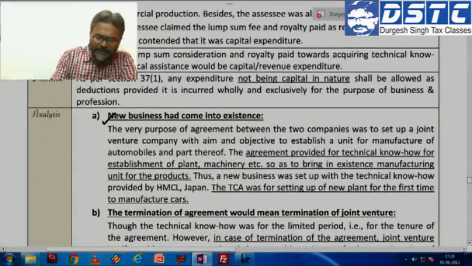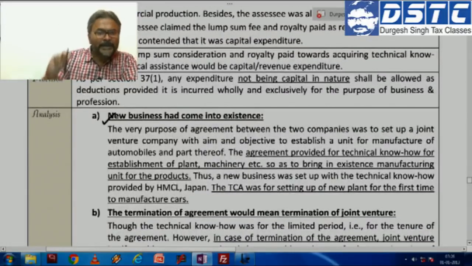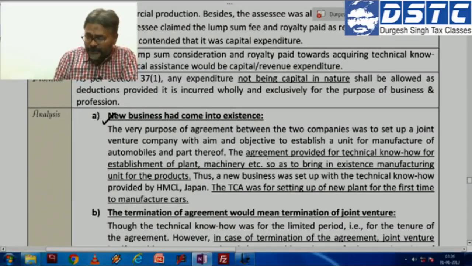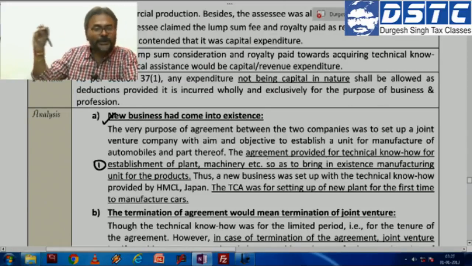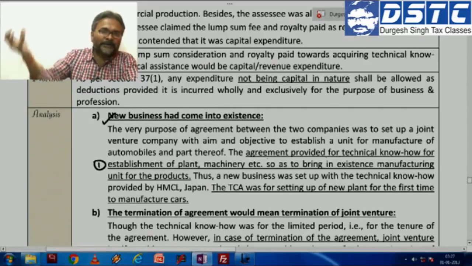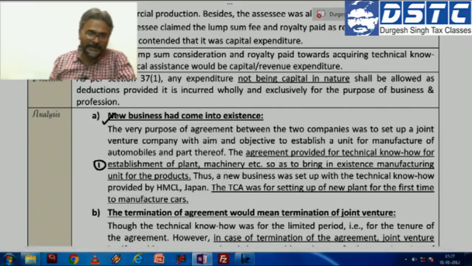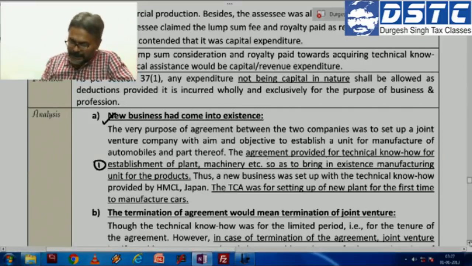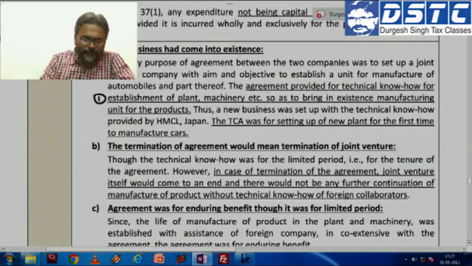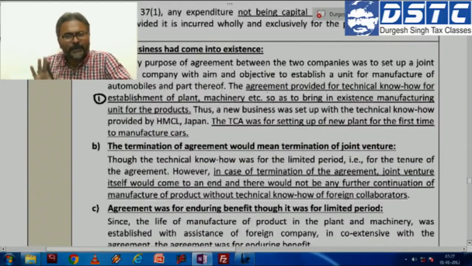So here a new business had come into existence, so the payment is in respect of what? A new business, for which the agreement provided for technical know-how for establishment of plant and machinery, so as to bring into existence the manufacturing unit for the product. Then thereafter, if there would be a termination of the agreement, what does it imply?